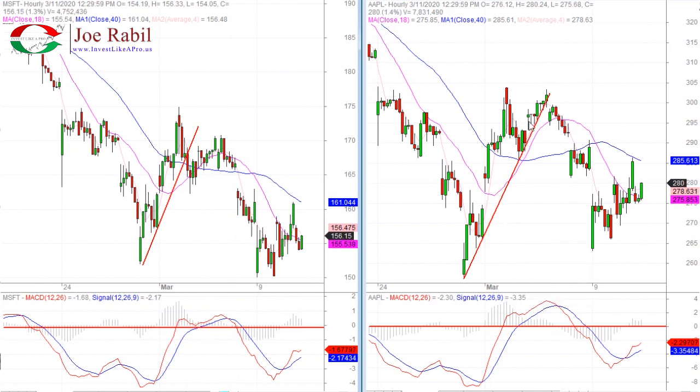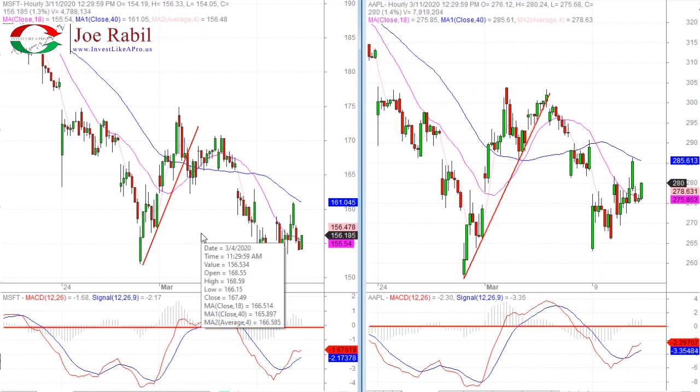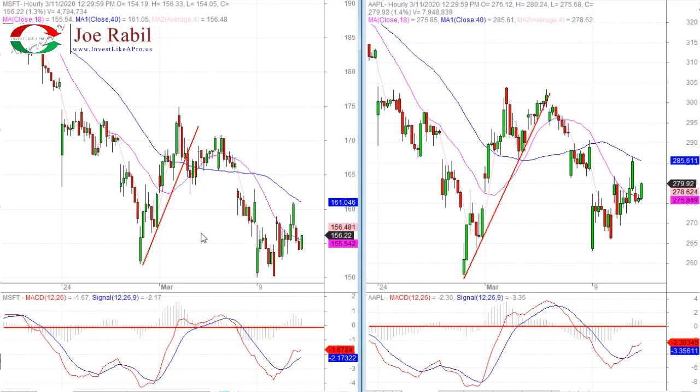Look at all the gaps that are taking place in these stocks, in both stocks, gaps everywhere. This is not an ideal time frame, or type of environment I should say, to be doing swing trades. Swing trading is for more consistent price behavior, usually not a newsy type environment.